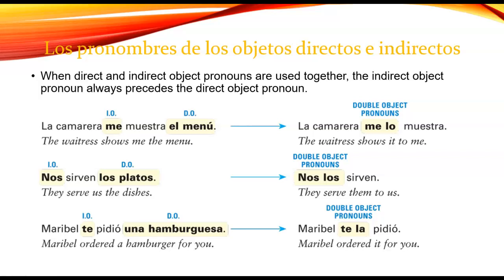So it doesn't matter if we have it present or past. Maribel te la pidió. So Maribel ordered a hamburger for you. She ordered it for you. So te la. Okay. And again, you can kind of read it backwards. Ordered it for you. Okay.